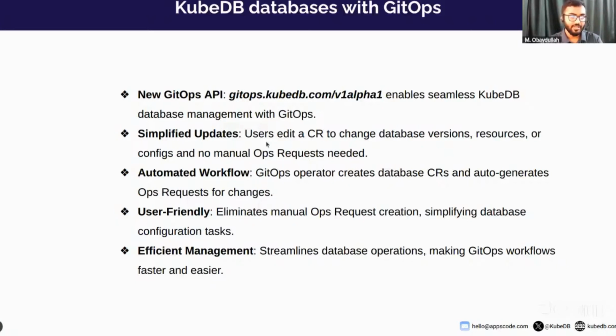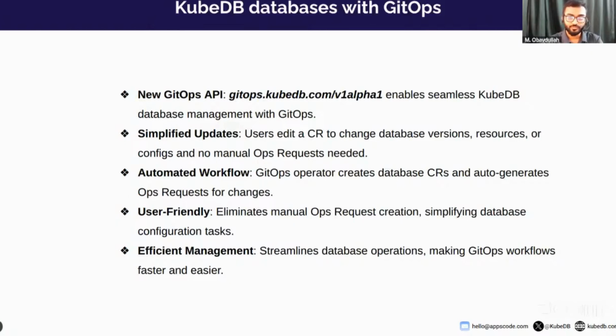Users edit the CR of the database with the API version gitops.kubedb.com and push the changes to GitHub or any other Git platform, and it will check the differences between your desired state and actual state, and if any changes happen, it will create an ops request or any other patch needed. The GitOps operator, our operator, will do that.